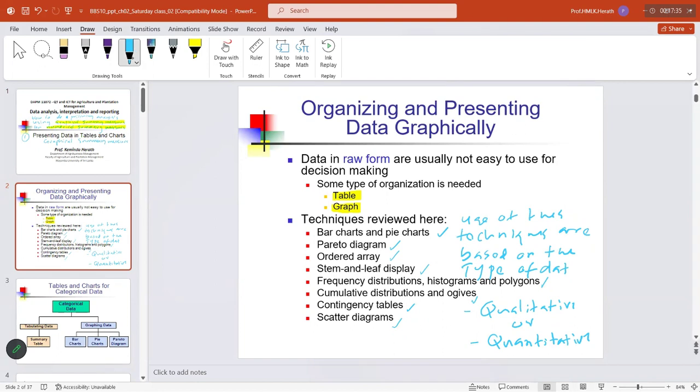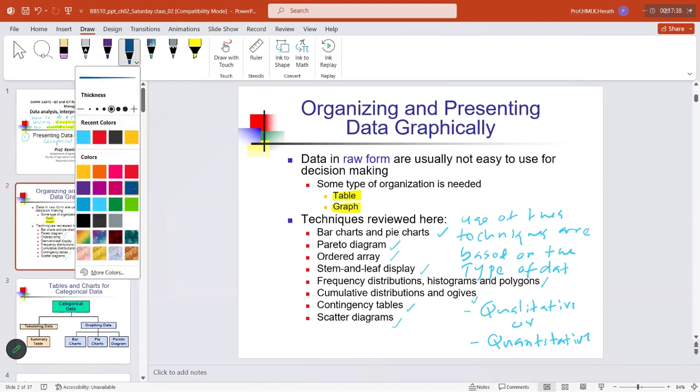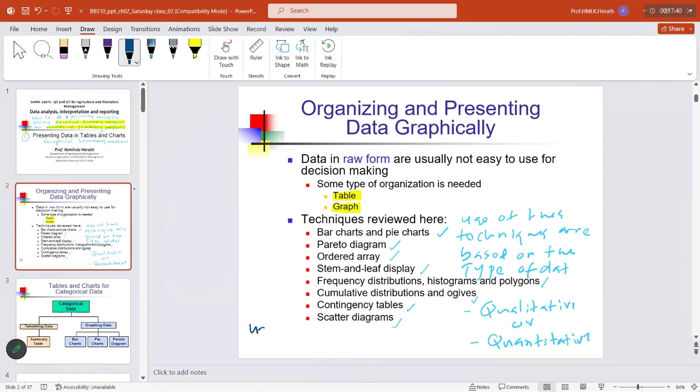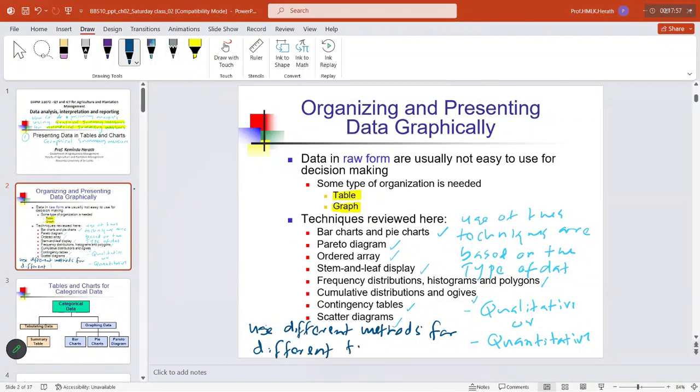We use different methods for different types of data. This is what you should understand pretty well.